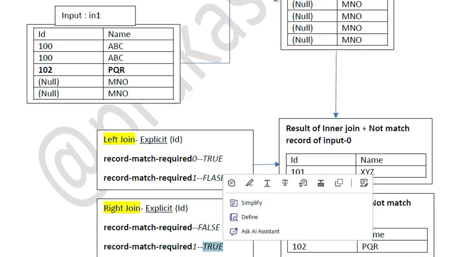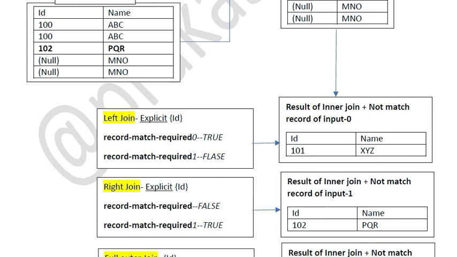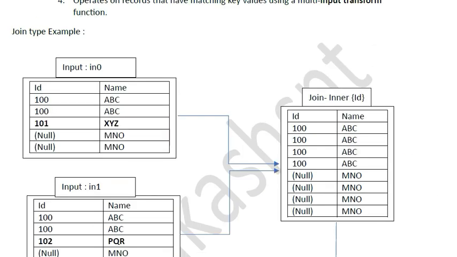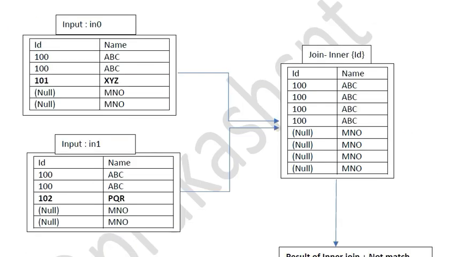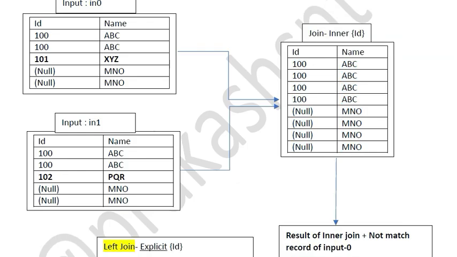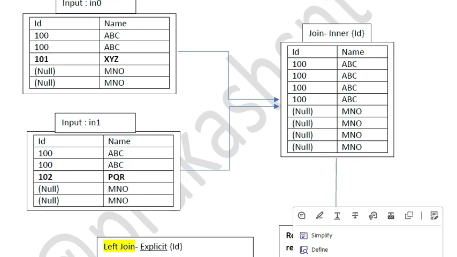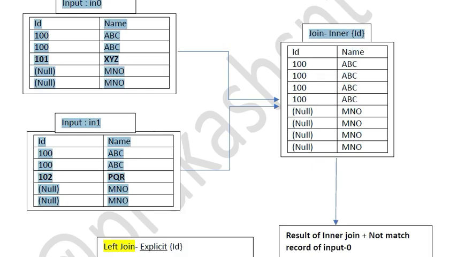Okay, so how will the data be produced in a left join? In the example, as we can see, in inner join we have this many records produced, in total 8 records. In left join, this ID here is not matching, so you can consider it as inner join plus the remaining record that is not matched, that is 101.